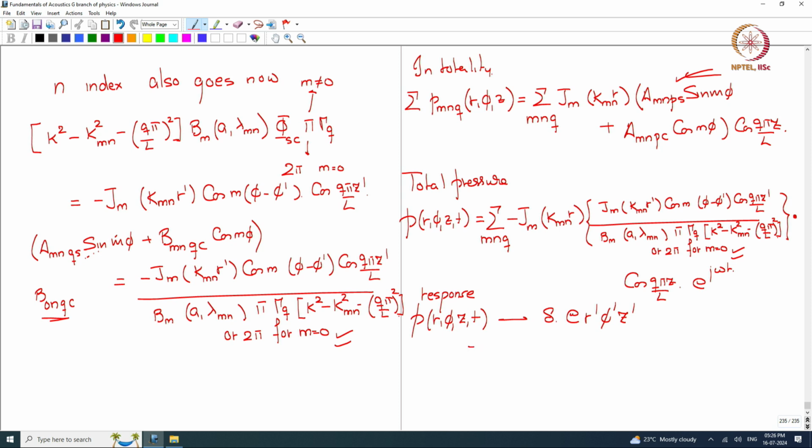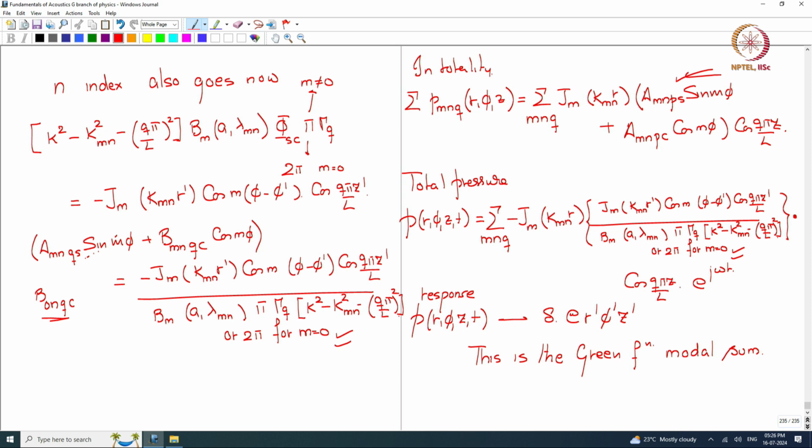So this is indeed the Green function. This is the Green function obtained through a modal sum, so it will satisfy all the boundary conditions.